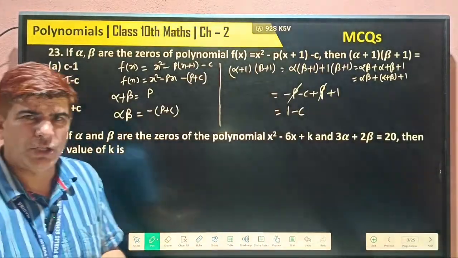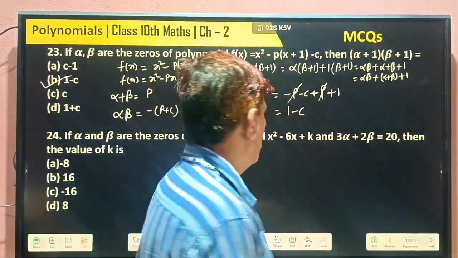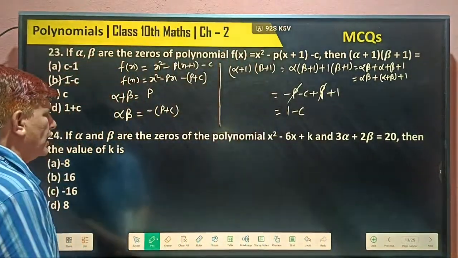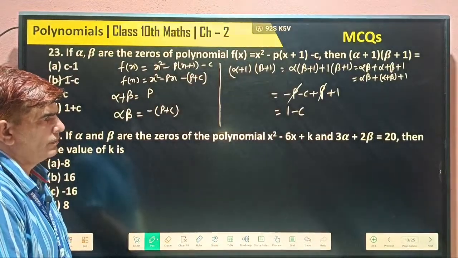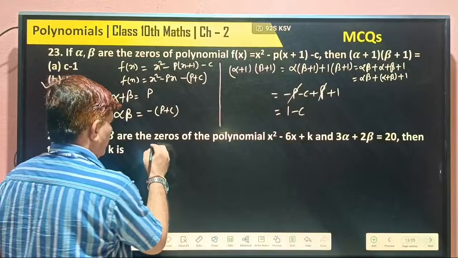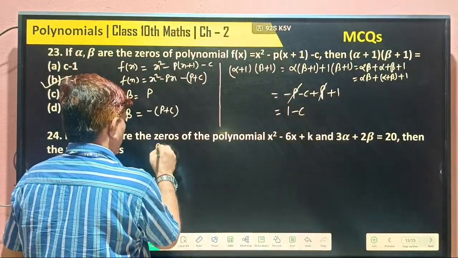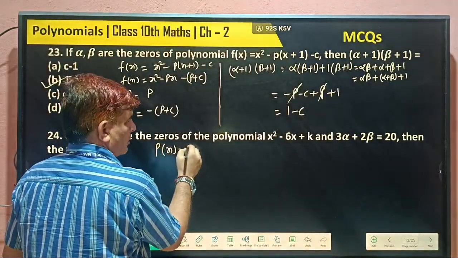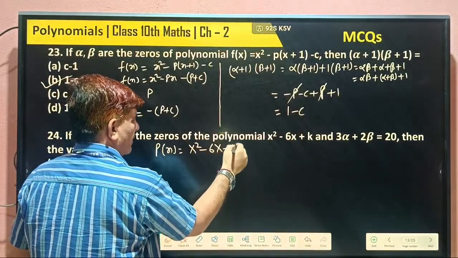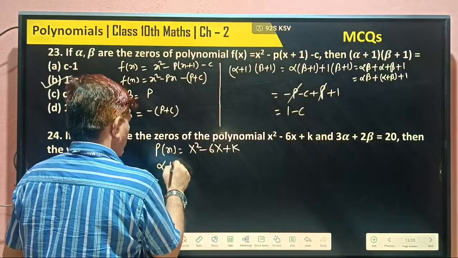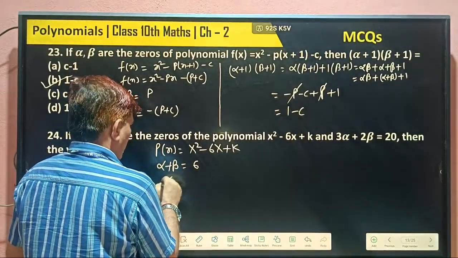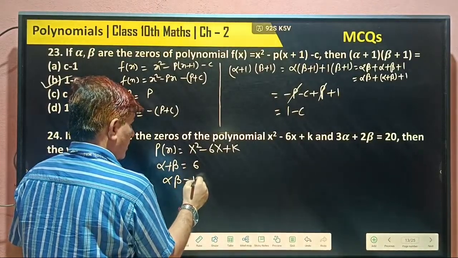So use of these here and there. Next question: if alpha and beta are the zeros of the polynomial, which polynomial? p(x) we can write: x square minus 6x plus k. So alpha plus beta is equal to 6, and alpha beta is equal to k.